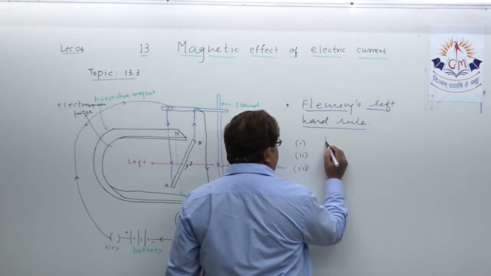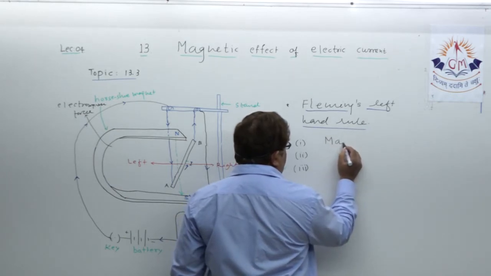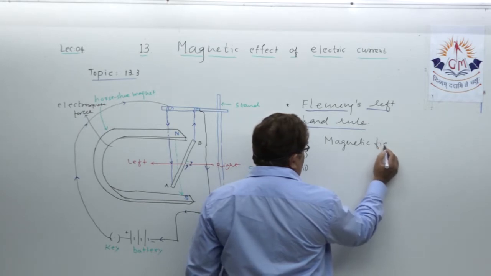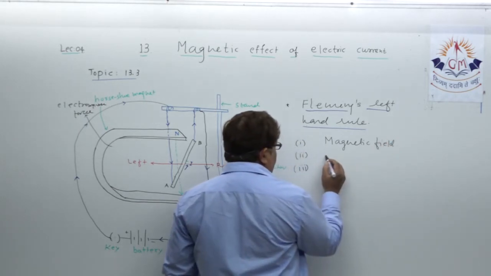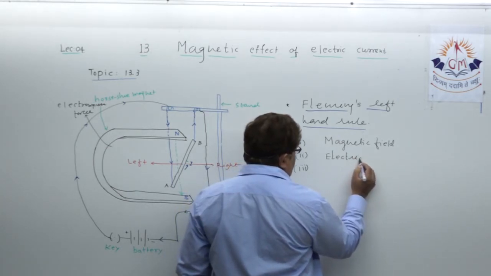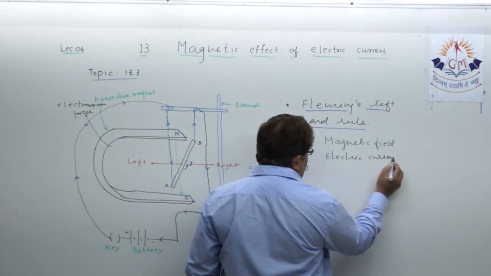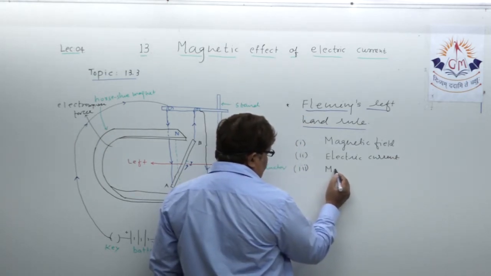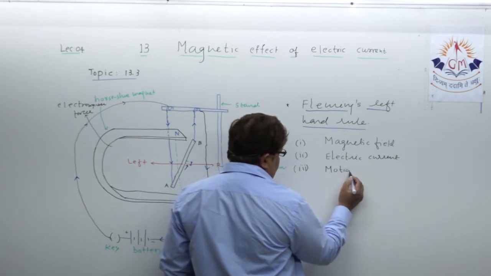The direction of magnetic field, then the direction of electric current, and the direction of motion of the conductor.